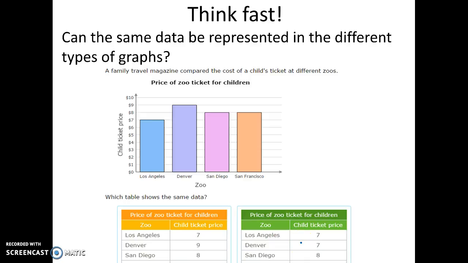So we have the price of a zoo ticket for children here in LA, Denver, San Diego, and San Francisco. So yes, it can be displayed in different ways, but what is the fastest one to read? The fastest one to see that it's cheapest in LA and most expensive in Denver. I was able to see that much faster on a bar graph.